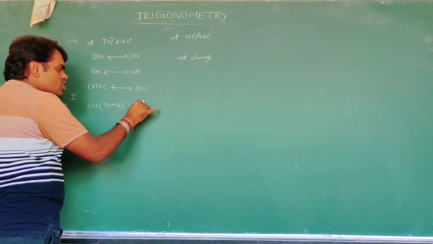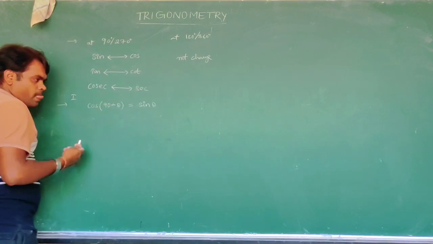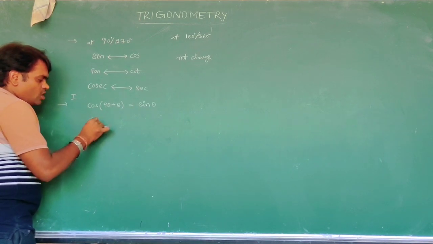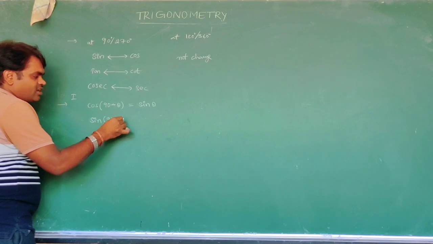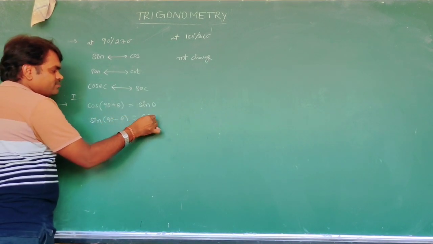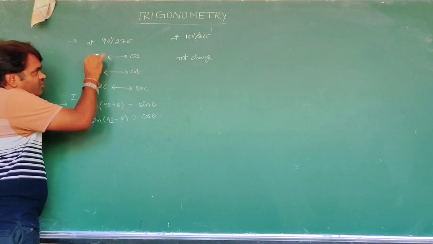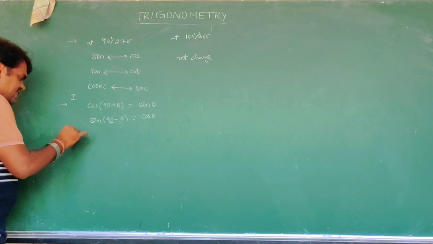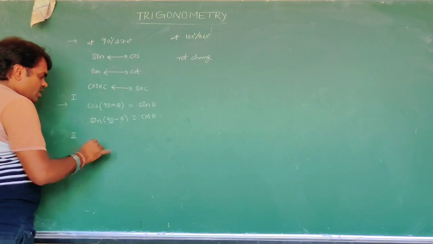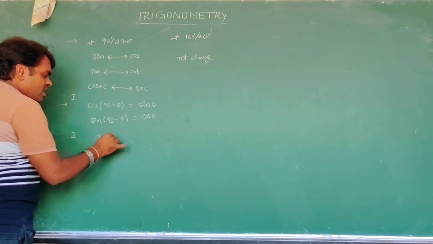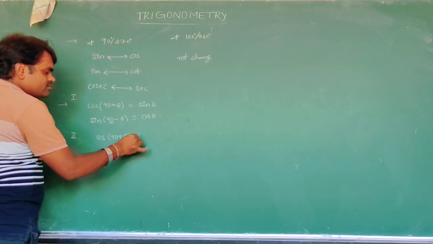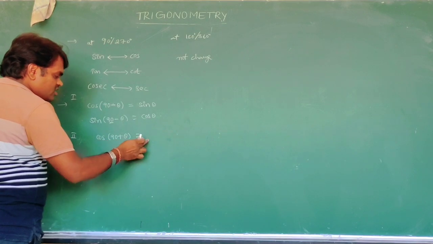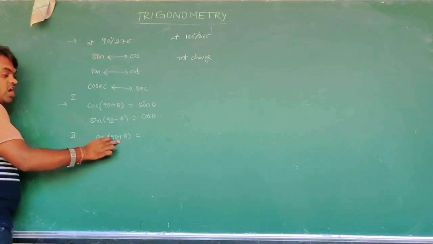Cos is changed to sin theta. Simply, cos of 90 minus theta is sin theta. Since 90 is there, the function is changed. Similarly, in the second quadrant, for cos of 90 plus theta, 90 will be there, so what will change? 90 plus theta is in the second quadrant.